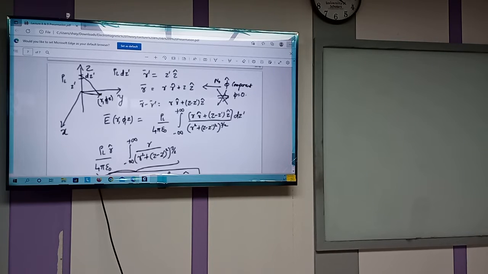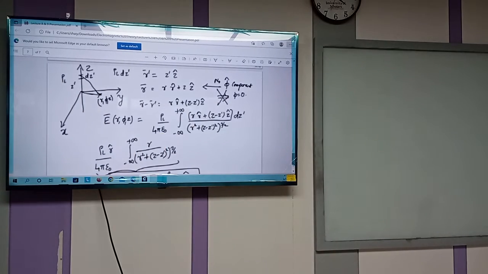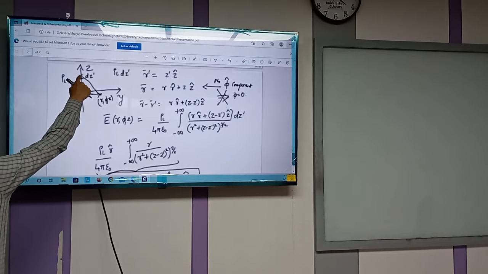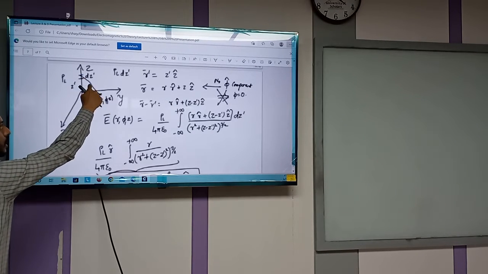So what is the vector now from the source to the field point? How will you calculate this vector? From this source point to this field point, what should be the vector?